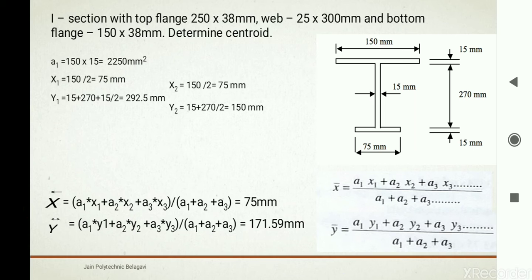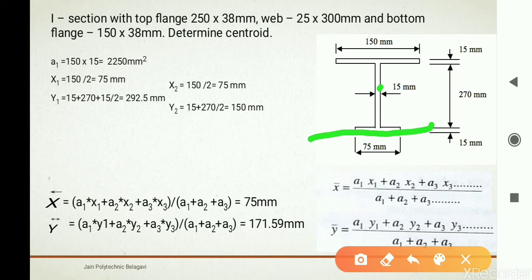Y2 distance will be from the CG till the bottommost layer or the reference line. So y2 will be 270 by 2, till this, and then thickness of this bottom flange. So this is nothing but y2, that is 150 millimeters.